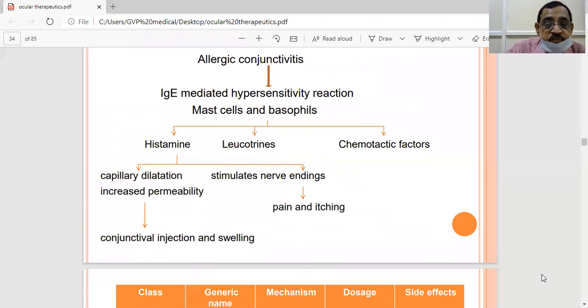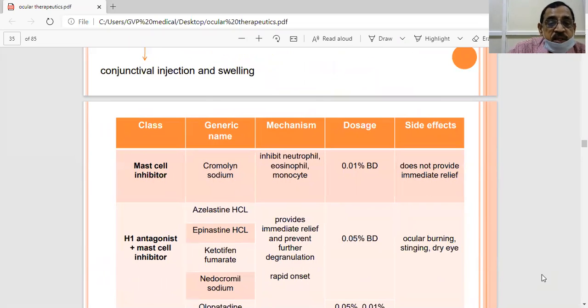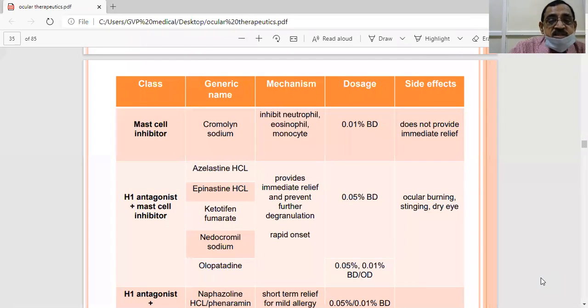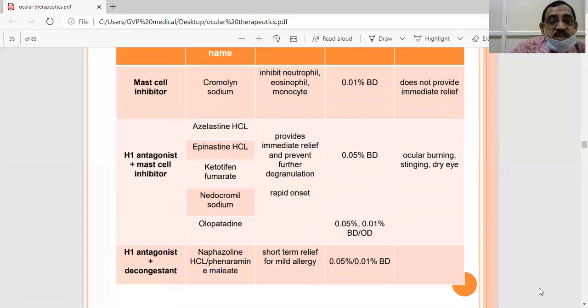The various drugs we have are mast cell inhibitors, cromolyn sodium. It inhibits neutrophils, eosinophils, and monocytes. It is available in a concentration of 0.1%, not 1%, and should be given twice per day. It does not provide immediate relief, so corticosteroids are normally started initially, and later we continue with mast cell inhibitors.